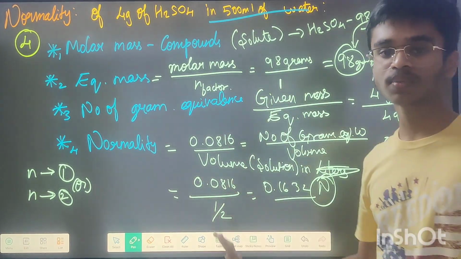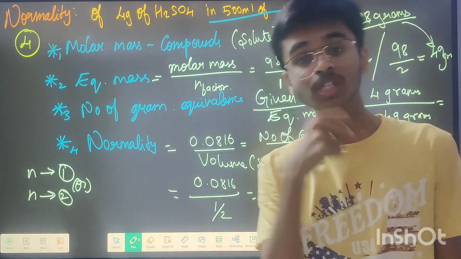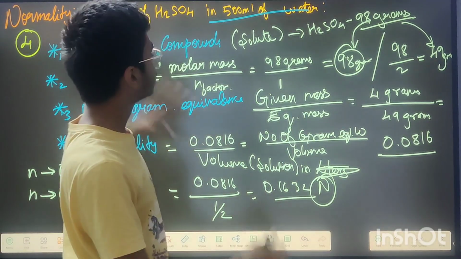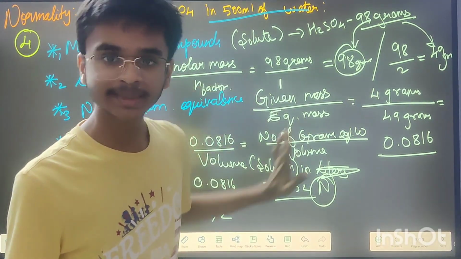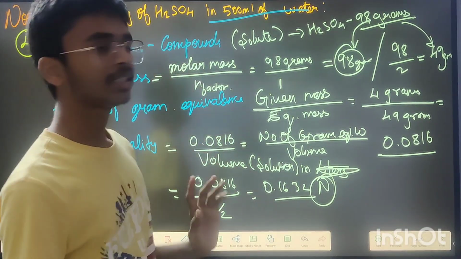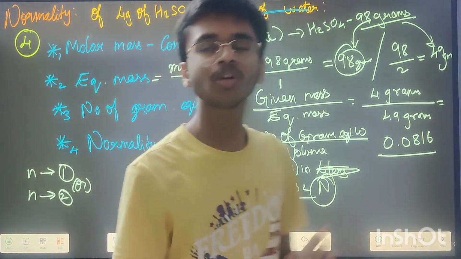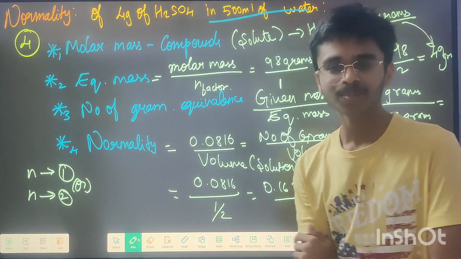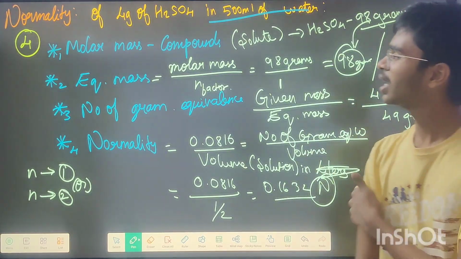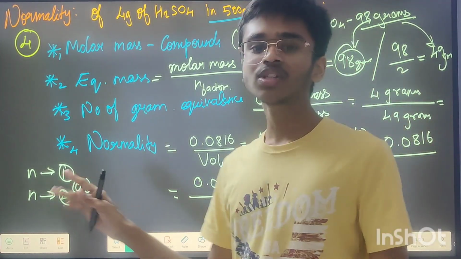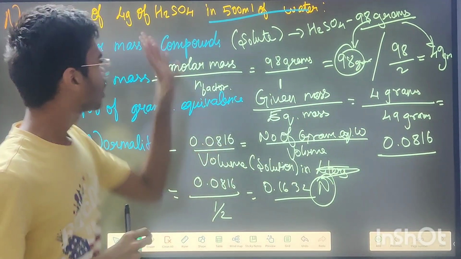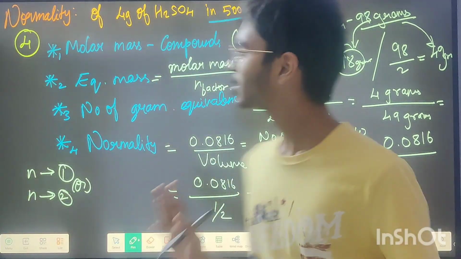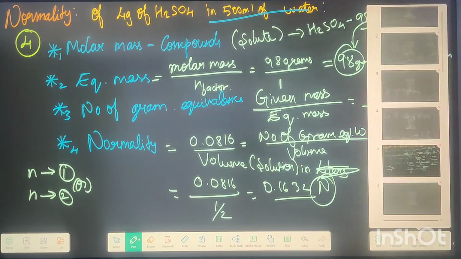It is also a concentration, but a specific concentration. Your molarity is a type of normality, or you can say vice versa. I have not heard such a sentence, but it is like that only. Here you are just calculating the concentration of the reacting part of the solute. That's what your normality is.